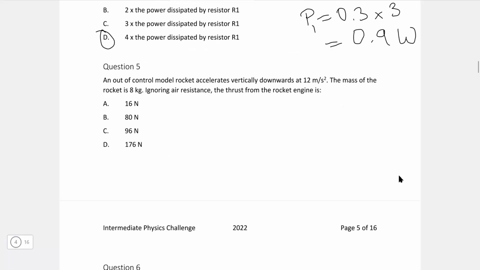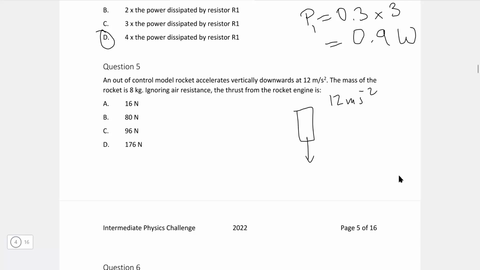Okay, question 5. An out-of-control rocket accelerates vertically downwards at 12 meters per second squared. The mass of the rocket is 8 kilograms, ignoring air resistance. What is the thrust from the rocket engine? So the rocket is basically going down like this at 12 meters per second squared.